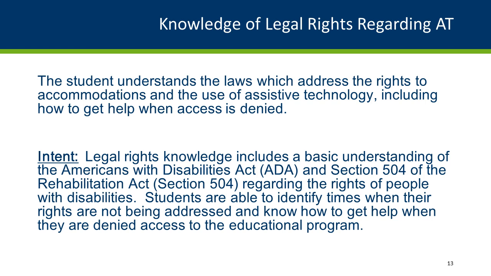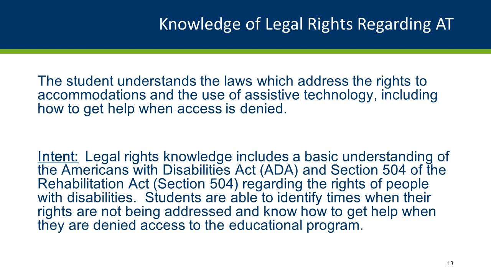So the intent statement here, the thing that describes this indicator better, talks about the specific laws that Janet's mentioned before, and focuses on the fact that students themselves need to identify times when their rights are not being addressed and know how to get help.